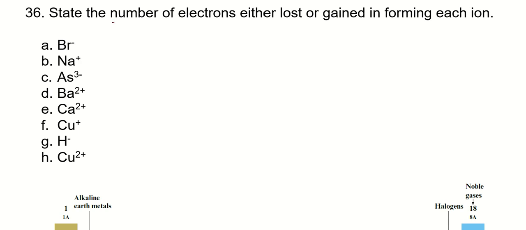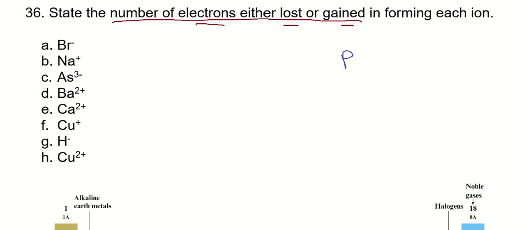The number of electrons lost or gained is directly related to the charge, which is written superscript to the right of the symbol. So those charges are directly related to the number of electrons gained or lost, not the number of protons.